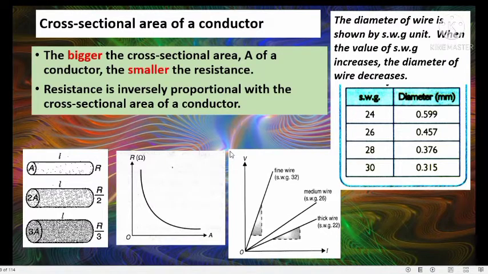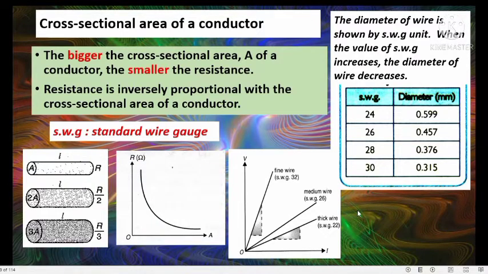For this graph of V against I, as we know, the gradient of the graph equals resistance. If we have three different thicknesses of wire represented by SWG, what is this SWG? Standard wire gauge. The diameter of wire is shown by SWG unit. When the value of SWG increases, the diameter of wire decreases.